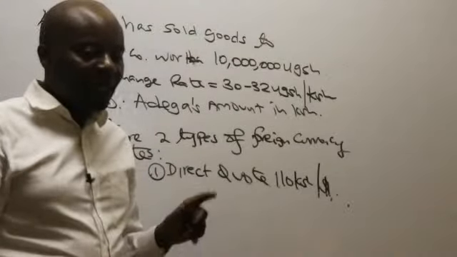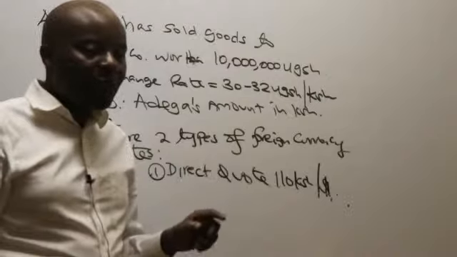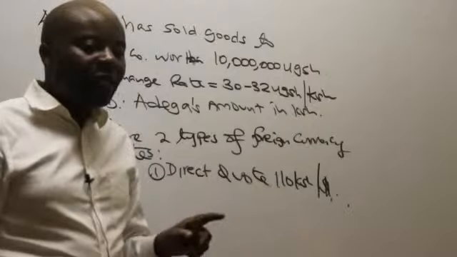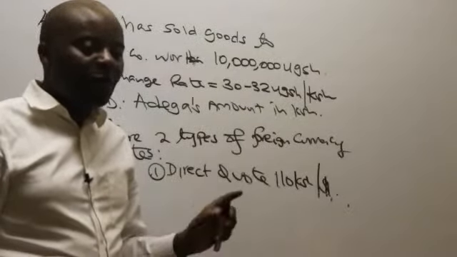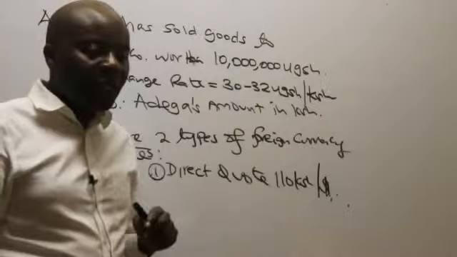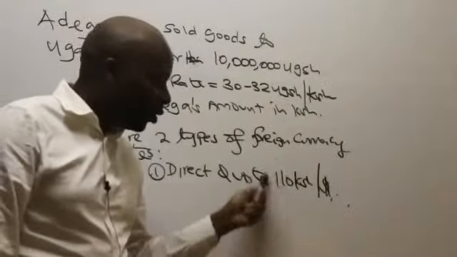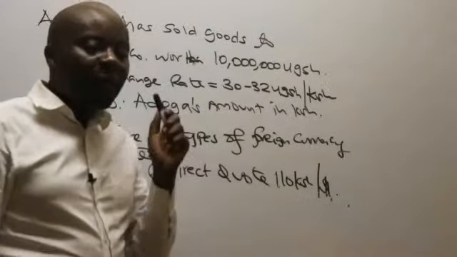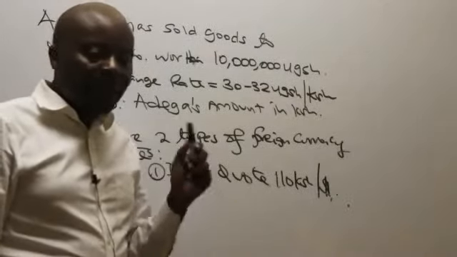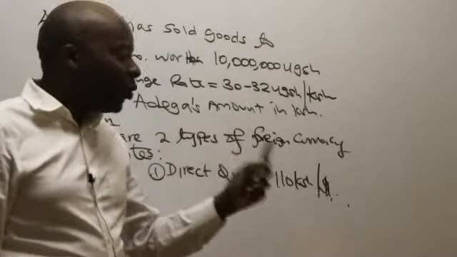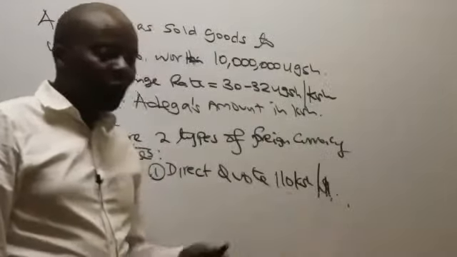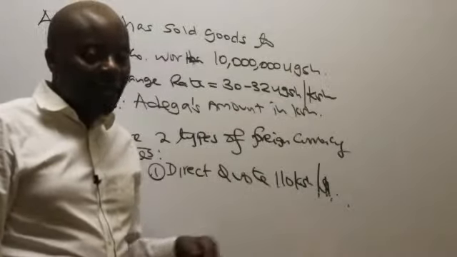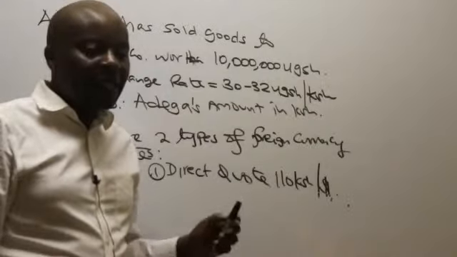I'm repeating again. We are saying that for direct quote, an amount of local currency, the same as home currency, needed to purchase 1 unit of foreign currency is given.